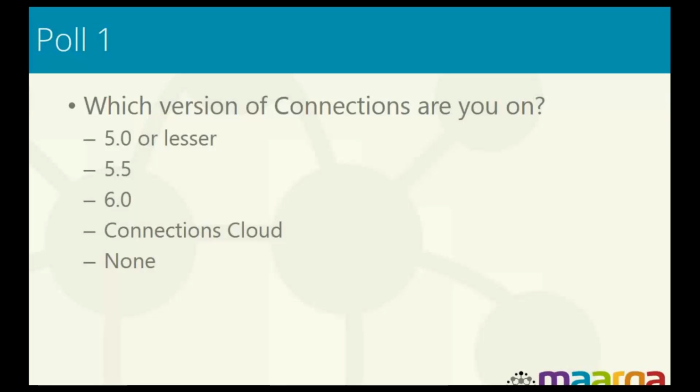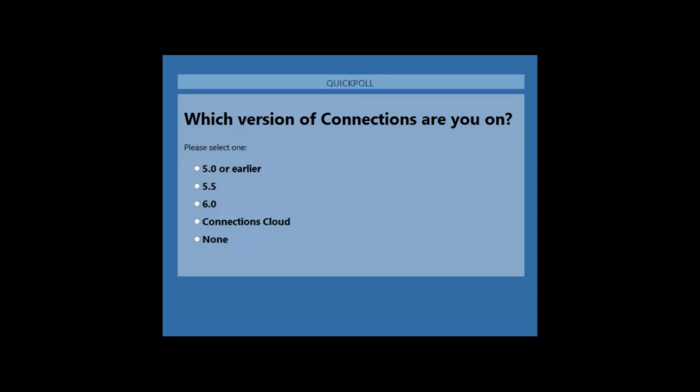And with that, we land on a quick poll. Our first poll is up and ready for you to respond to. Which version of Connections are you currently on? Are you still on 5.0, 5.5, 6.0, Connections Cloud, or not using Connections yet? We're up to 85% of the attendees having voted, over 90%. Everybody is wide awake and ready to go.